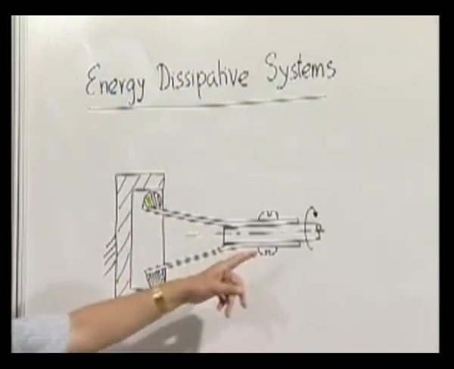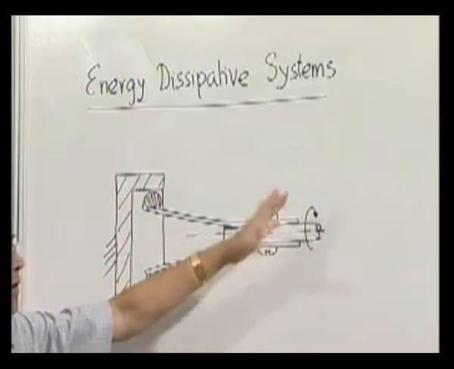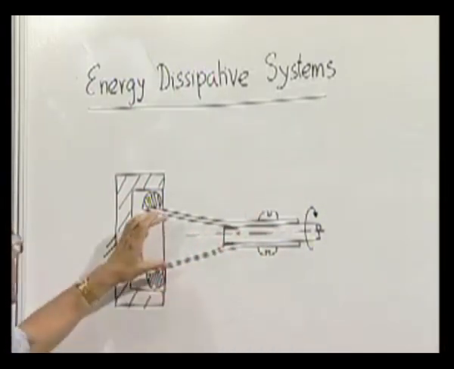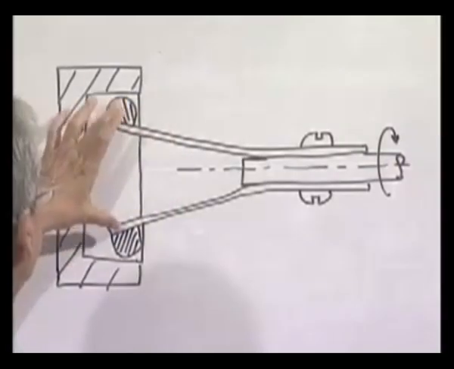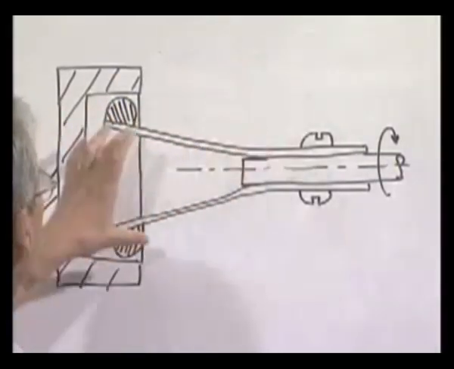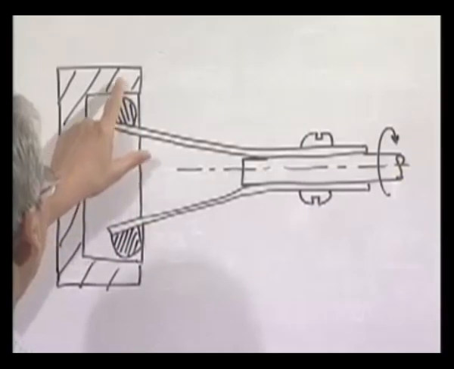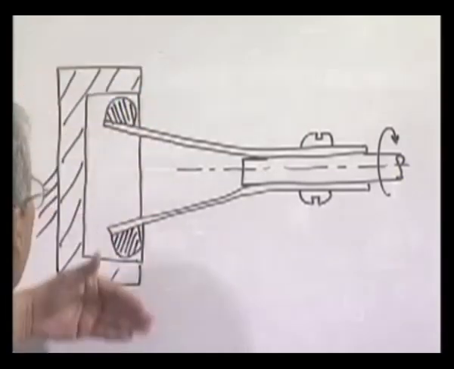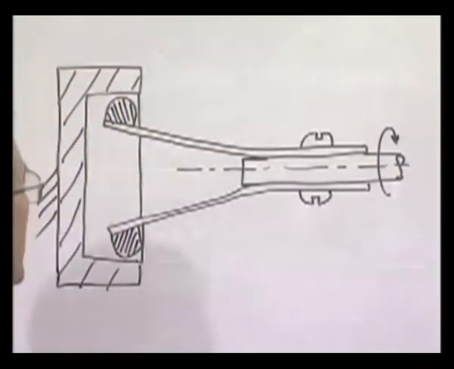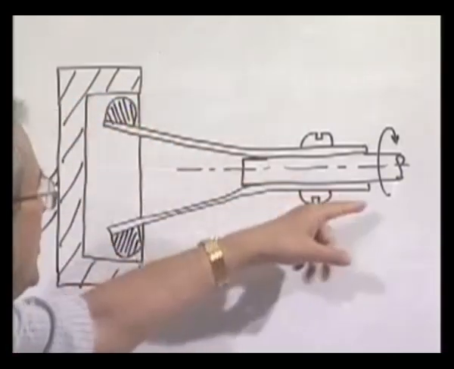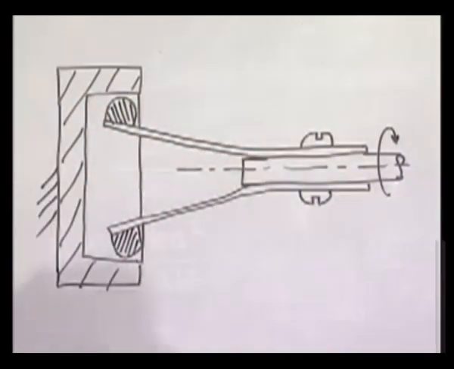Now if the speed increases because of load, or it decreases, whatever it may be, then the centrifugal force acting on this will try to fly it off if it increases. The moment it happens, it will press against this fixed cup and more energy will be dissipated. So this larger torque will again lower down the speed.